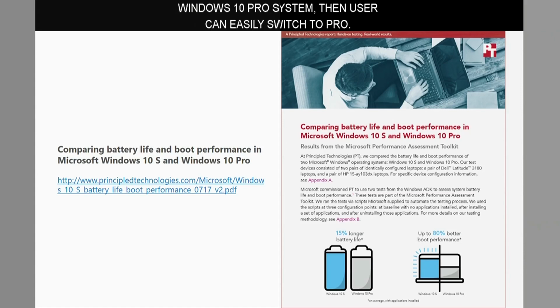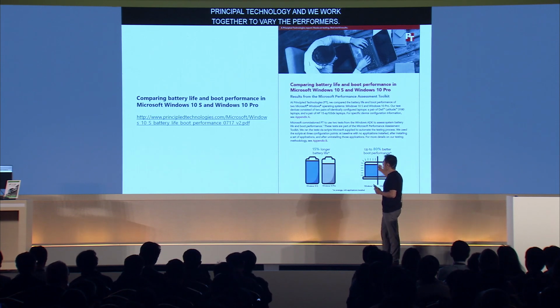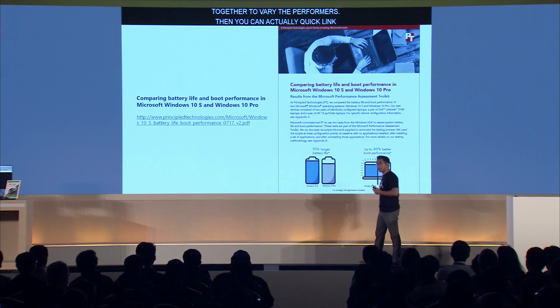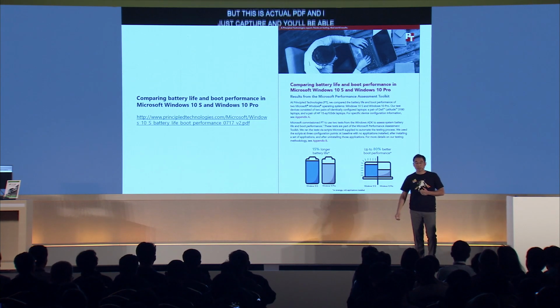We are working with Principled Technologies, and we worked together to evaluate the performance. You can click the link and download the PDF. This is the actual PDF, and I just captured it, and you'll be able to see 50% longer battery life and up to 80% better boot performance.